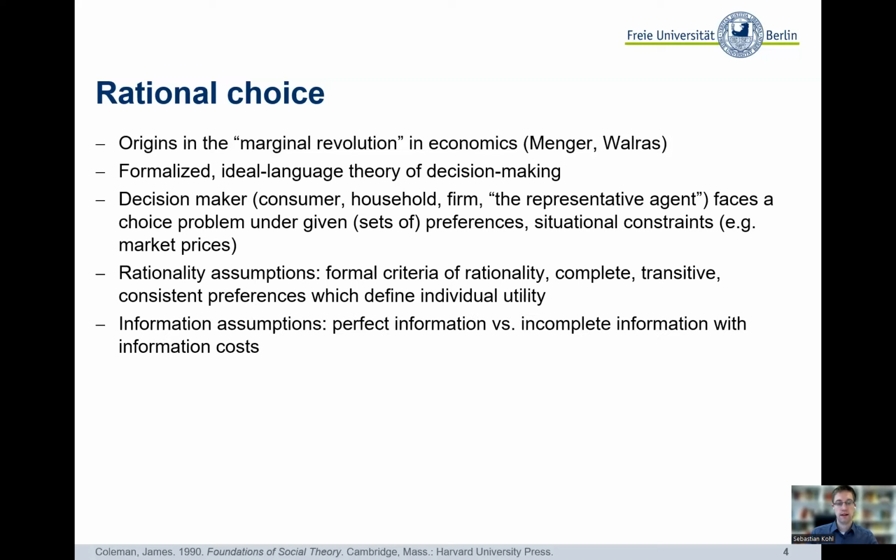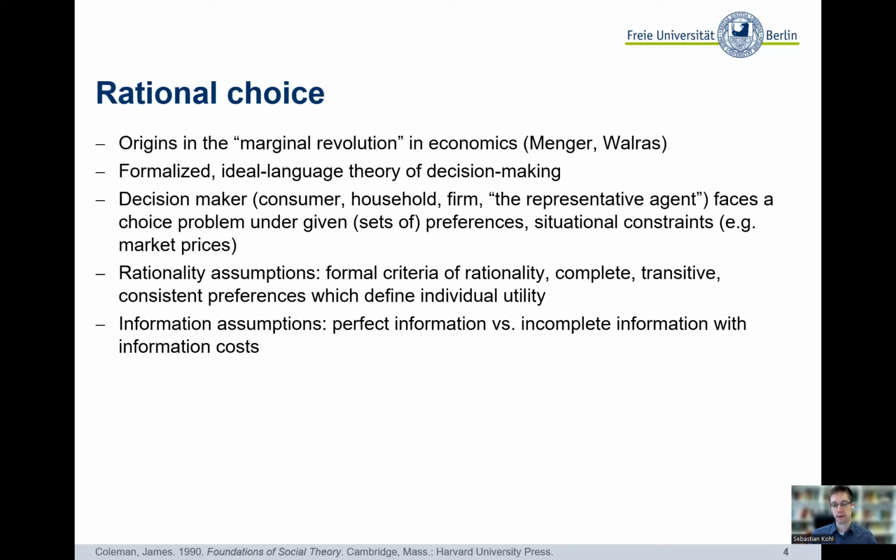And these are the most important assumptions for calling an actor's set of preferences then also rational. So then come the information assumptions, where the easiest models in rational choice just presuppose perfect information. In order to make a choice about different alternatives, A, B, C, the rational actor needs to have knowledge or beliefs about the world, with which probability these different events occur.